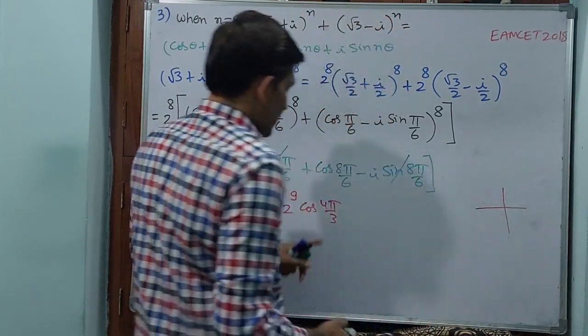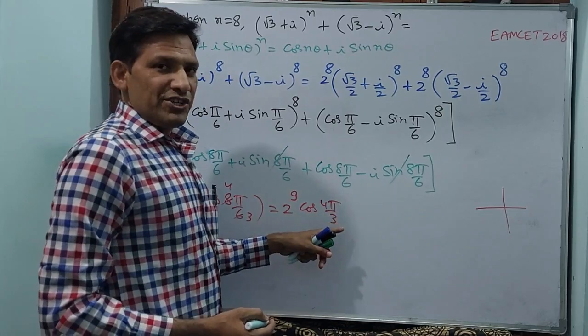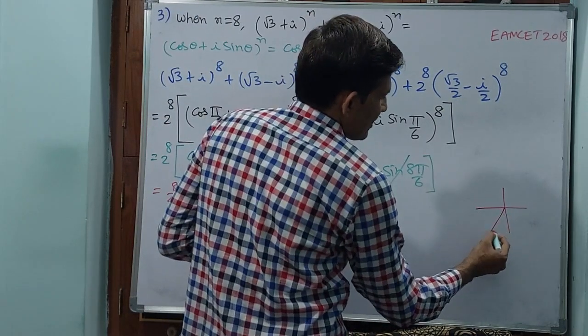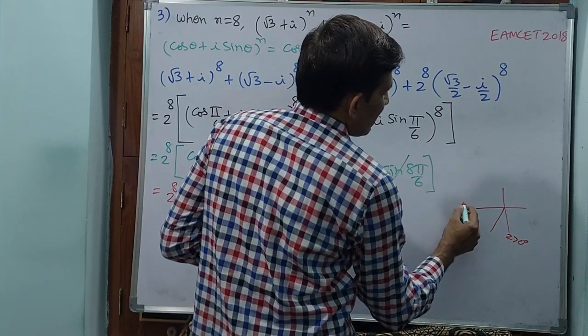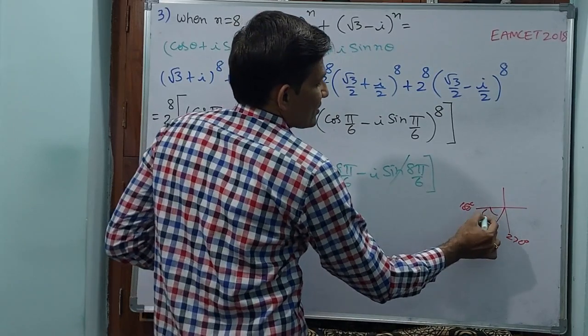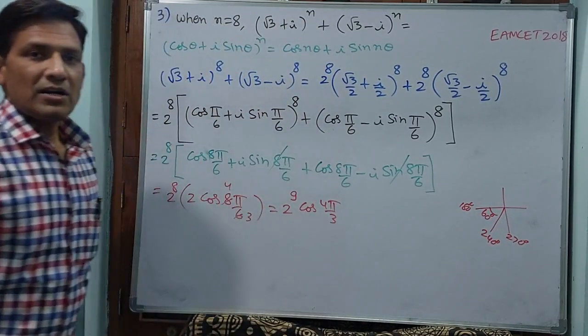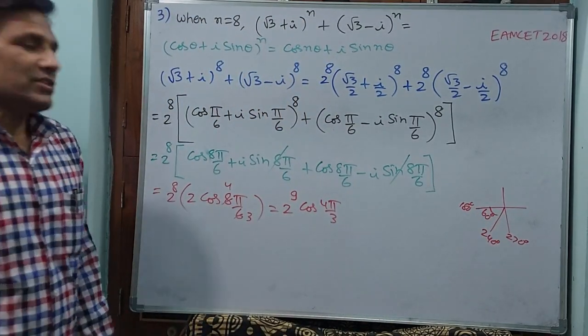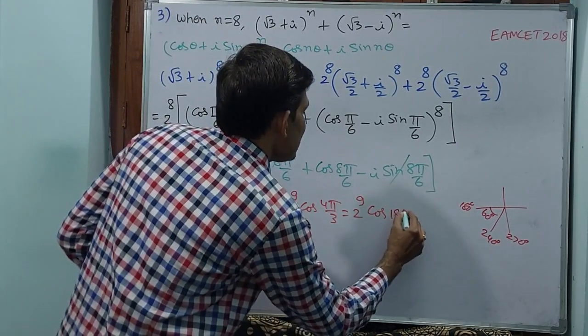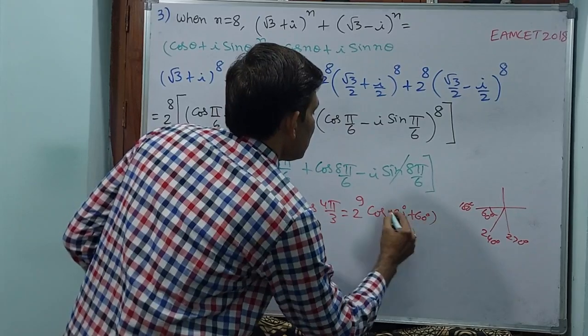Okay, see. Pi by 3 means 60 degrees. 60 into 4, 240. 240 means it will come here. This is 270, 180, 240. See, 180 plus 60. Cos 180 plus 60, I am writing once again: 2 power 9 cos (180 plus 60 degrees).